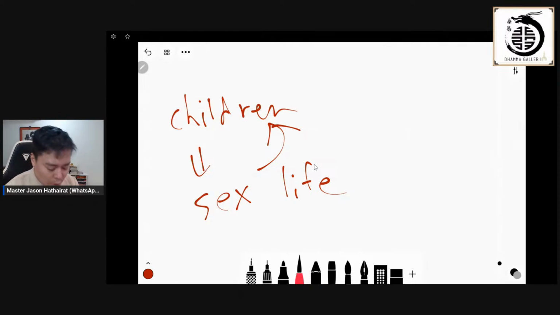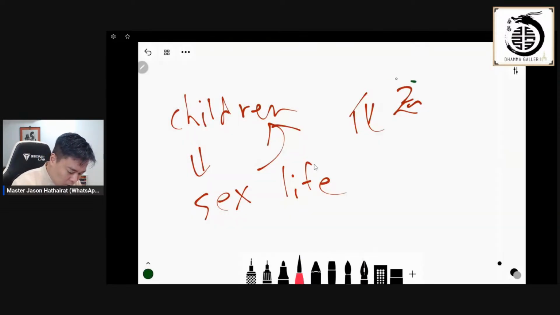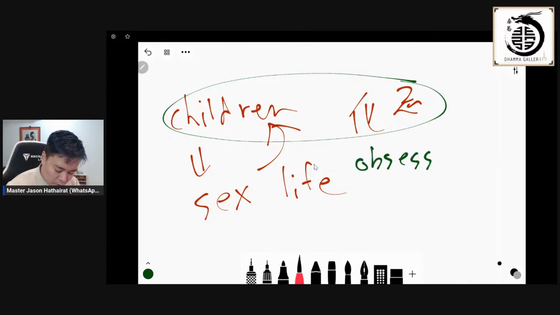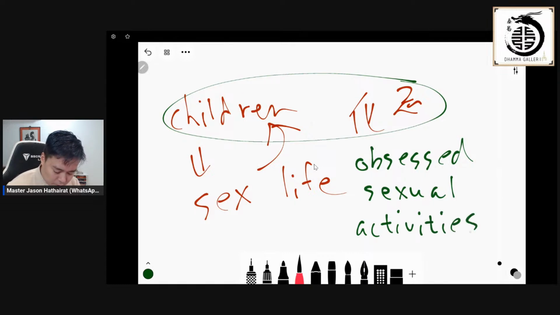So this person having 化忌 at the children's domain could also mean that he is someone obsessed with sexual activities. Okay, this could be one of the possibilities in terms of 紫微斗数 reading.